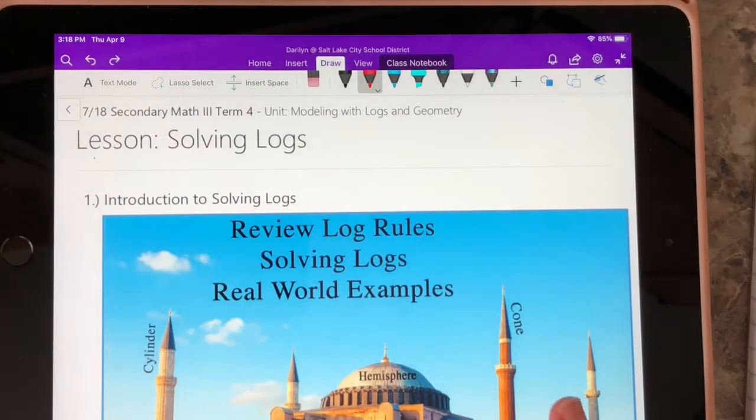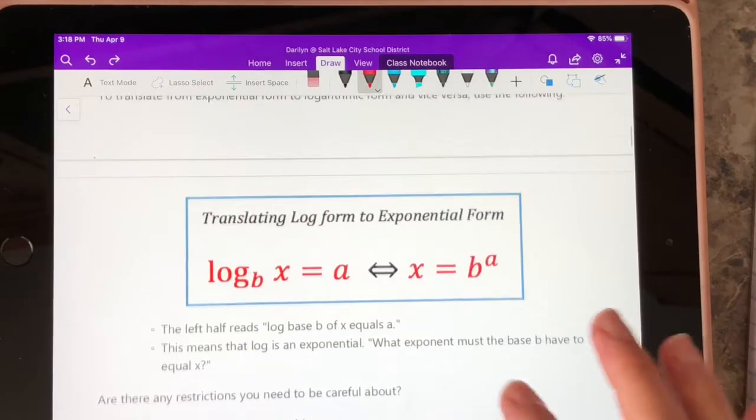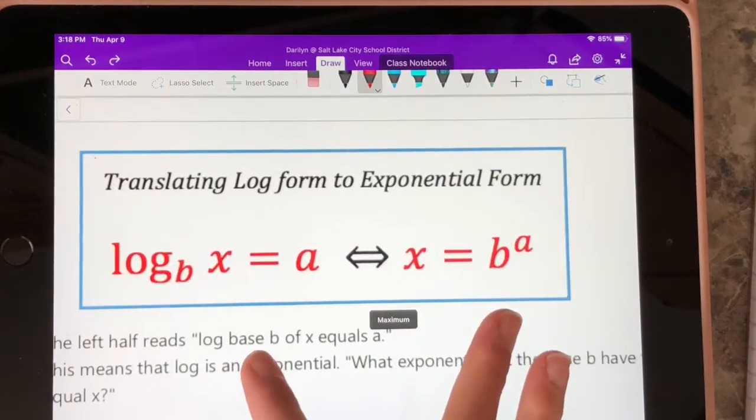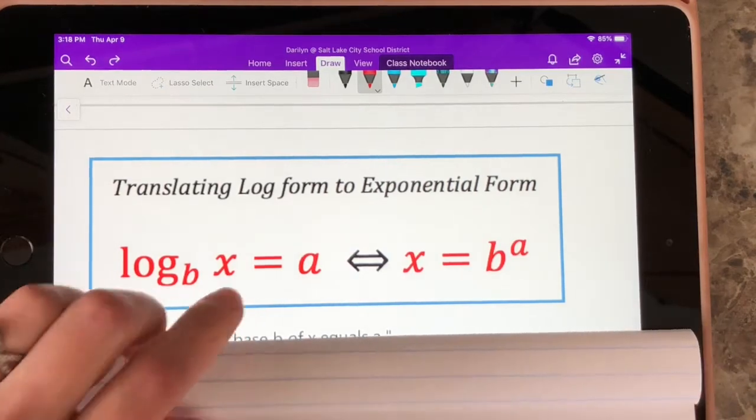So in solving logs, we're going to be literally solving for a variable in an equation that has a logarithm, a natural log, or that will need to utilize one of those in order to solve. Just a reminder of what a logarithm is, the basic log rule. This is super important that you have it in your notes.